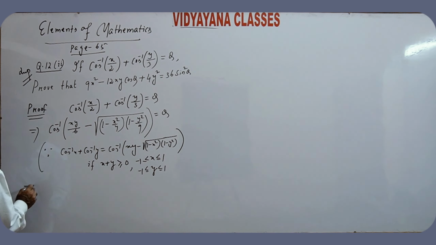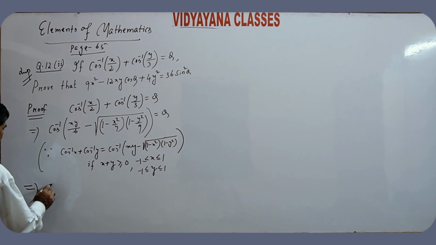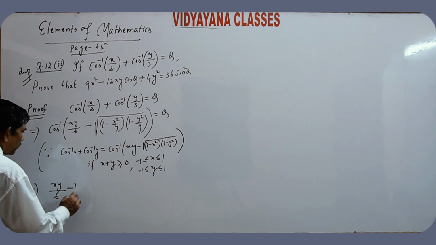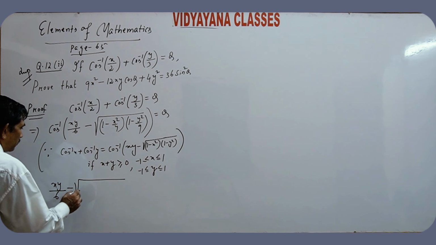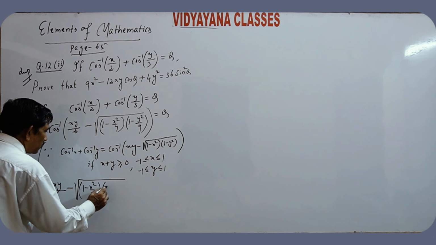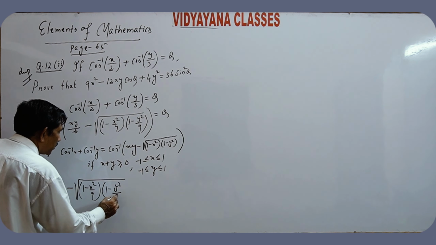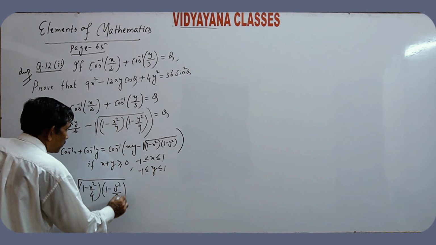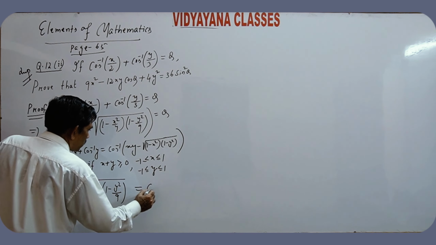which implies xy divided by 6 minus root of (1 minus x square by 4) into (1 minus y square by 9) is equal to cos theta.